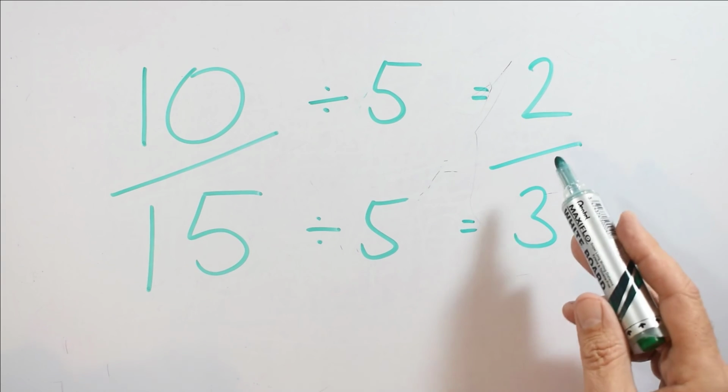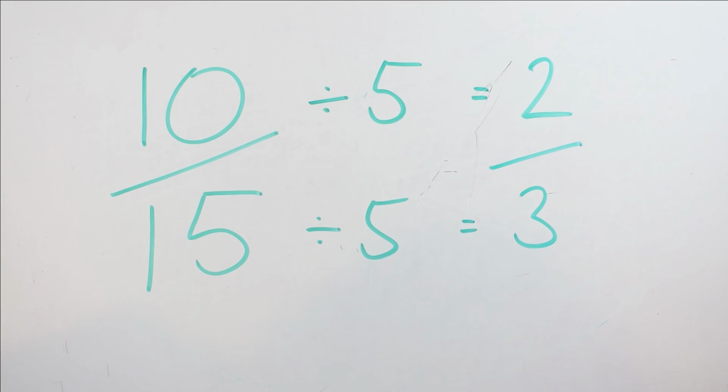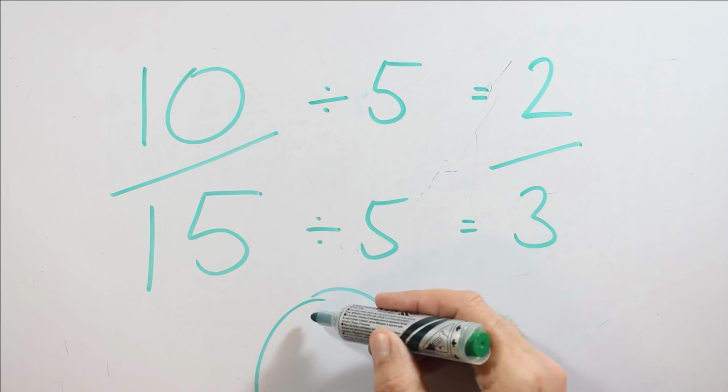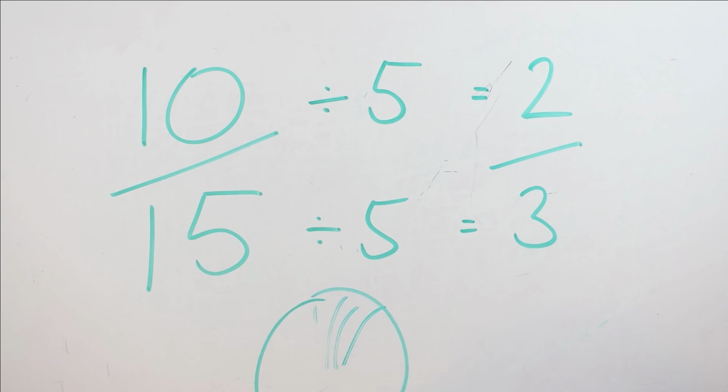So if you ended up with 2/3 for your answer, you're absolutely right. Now, it can be a bit confusing. You're saying 10 and 15. What? How did I end up with 2/3? But if you think about it, if I had a slice of pizza and I'd chopped it up into 15 pieces, I've kind of lost the bottom of it there, I'd need lots and lots of pieces.